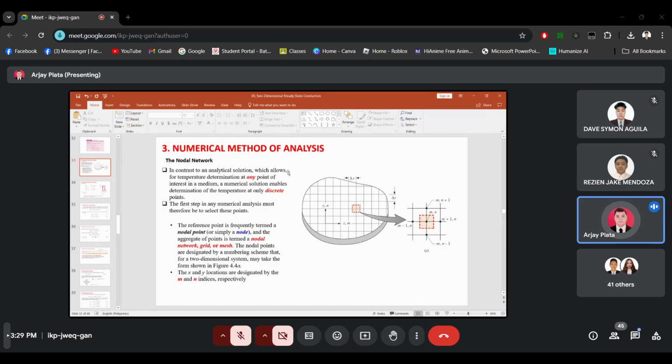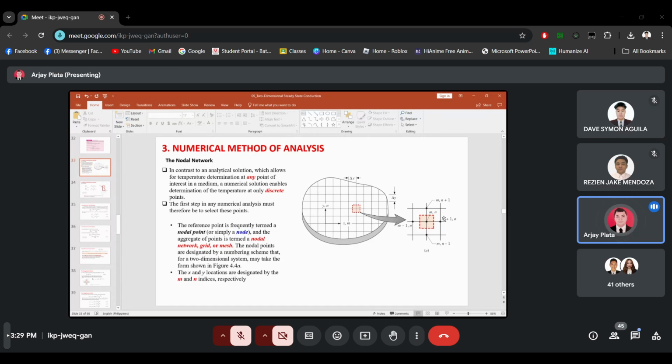Unlike the analytical solution, this numerical method is for the nodal points only, a specific node, only discrete points.